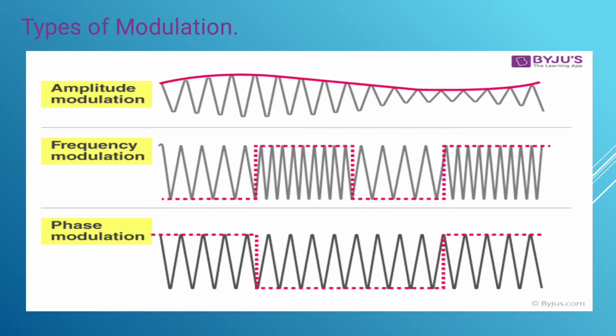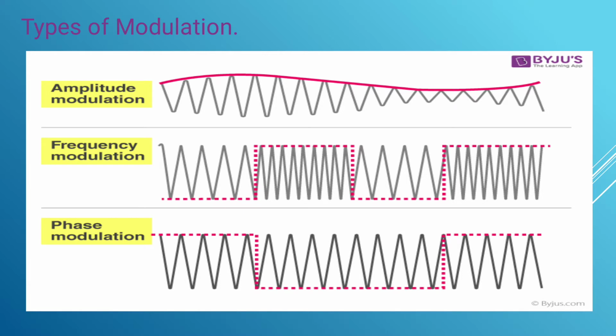In modulation there are three types. The first one is amplitude modulation, the second one is frequency modulation, and the last one is phase modulation.